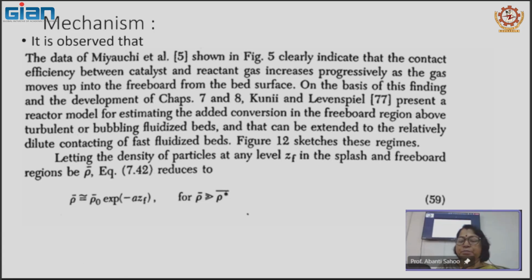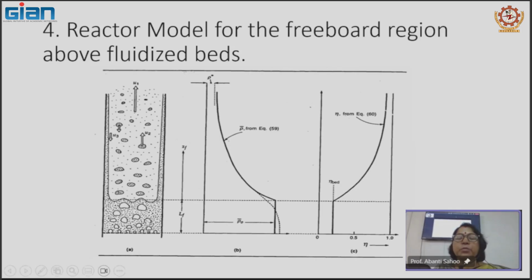This is the fourth type, where you can see the efficiency versus the bed height is taken. Thus, the mean density is to be considered, because in the bed region the density will be higher and in the freeboard region the density will be less. So, mean density is to be calculated, and based on that the efficiency can be calculated.